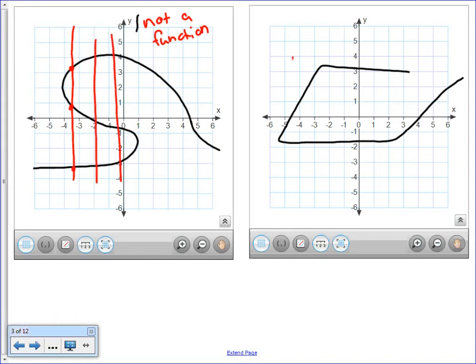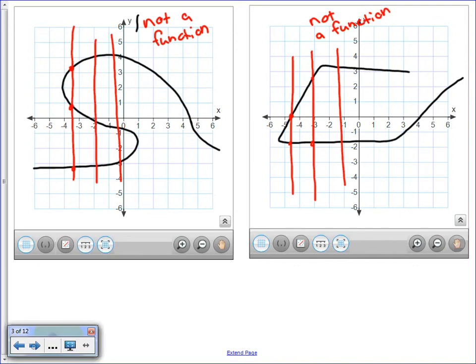Likewise for this one, there's multiple lines that, when I draw them through the graph, go through more than 1 point. So this one also is not a function. The name of the game is you don't want one x value to give you two y values. That doesn't constitute it as a function.